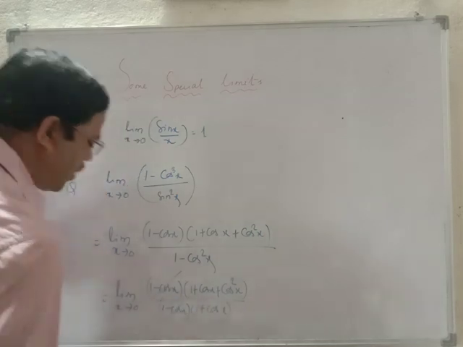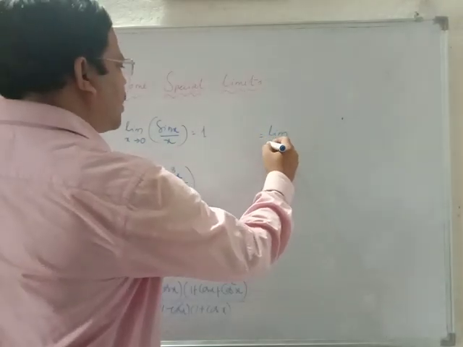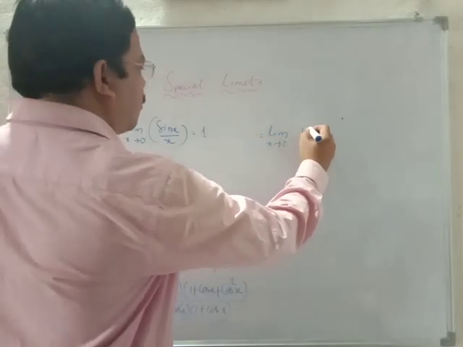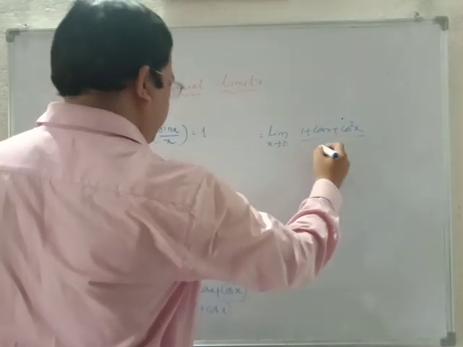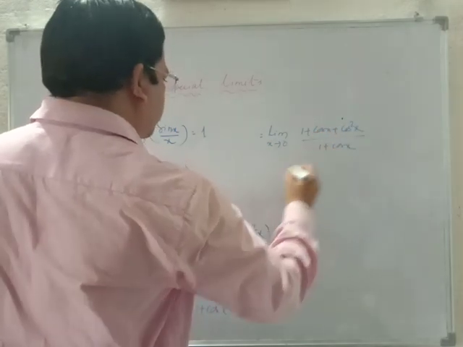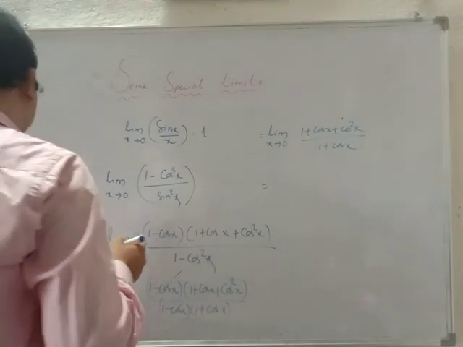Now 1 minus cos x and 1 minus cos x cancel. This is equal to limit x tends to 0, 1 plus cos x plus cos square x by 1 plus cos x. Now it is not at all in 0 by 0 form.